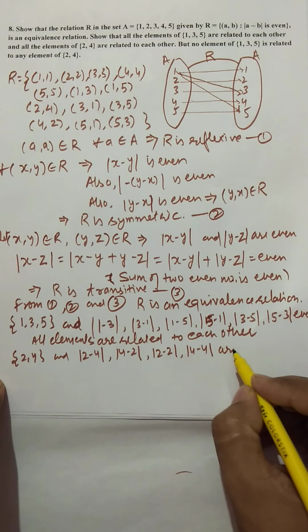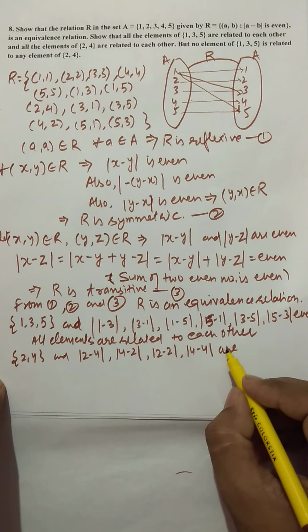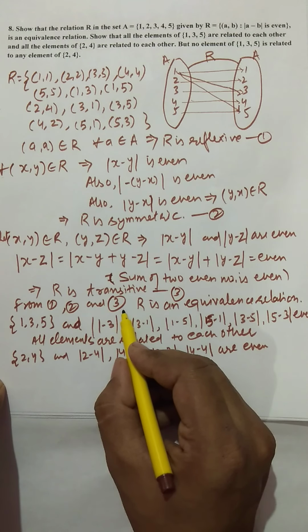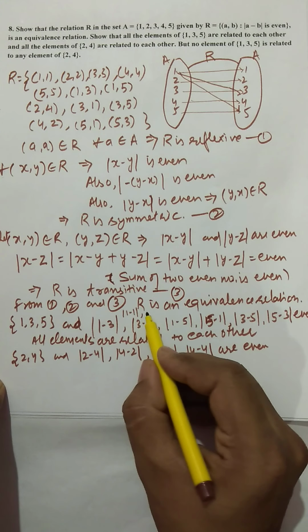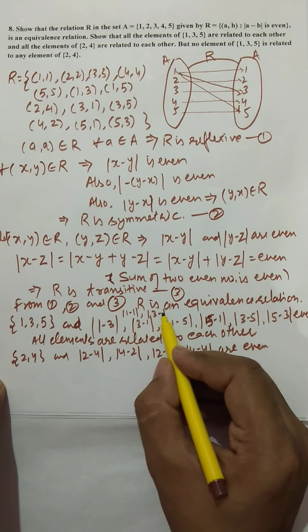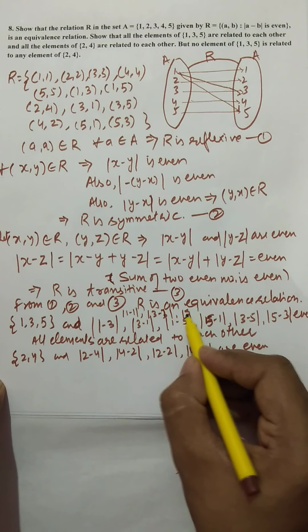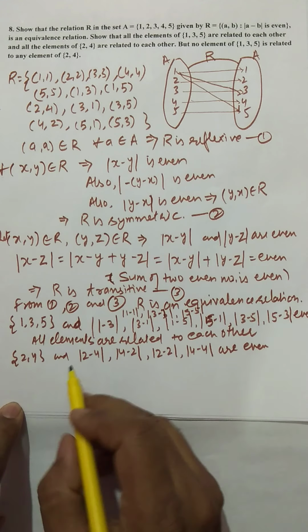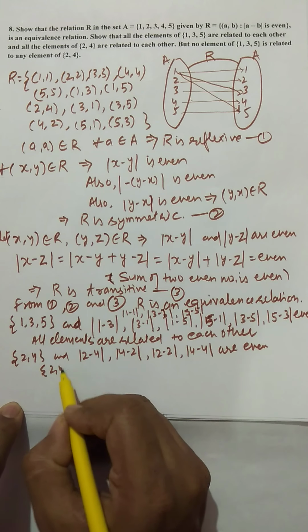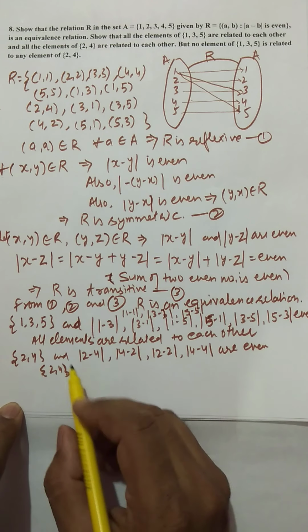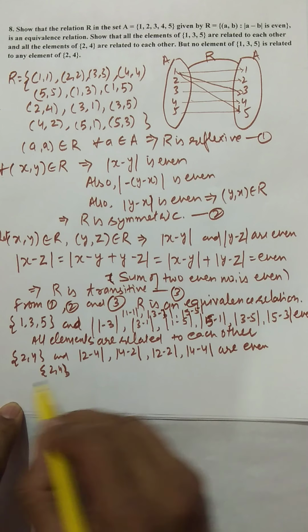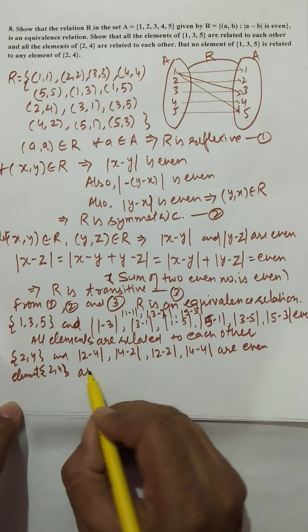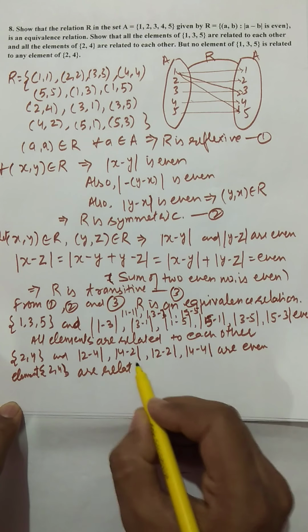They all are even. Here also you may say 1 minus 1, 3 minus 3, and 5 minus 5. So this way you can say that elements of 2, 4 are related to each other.